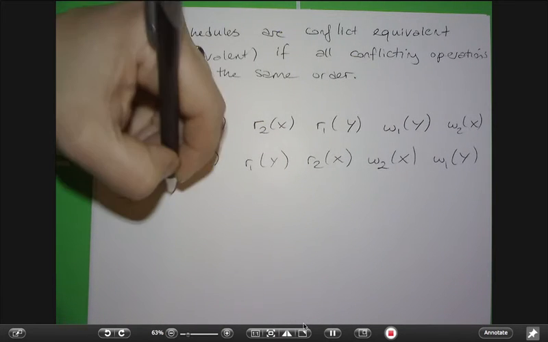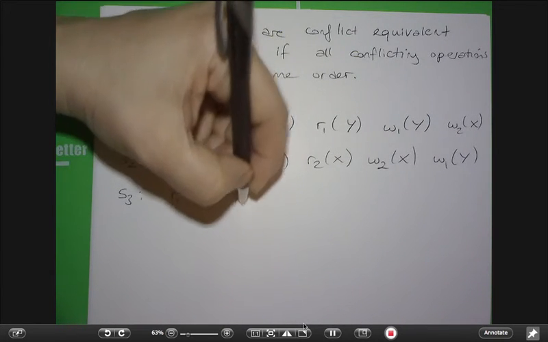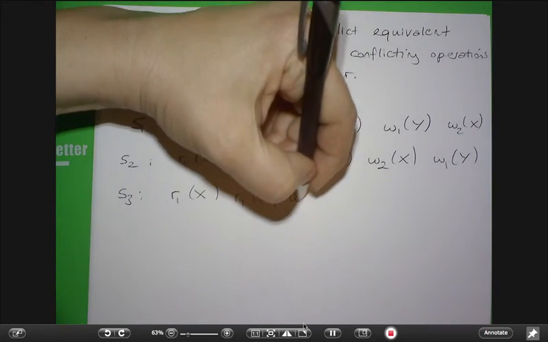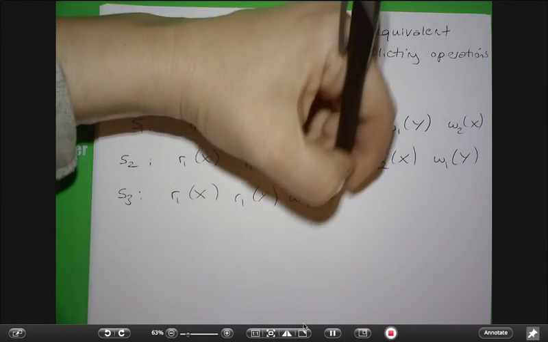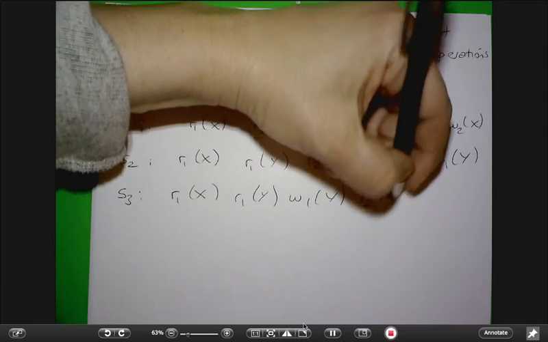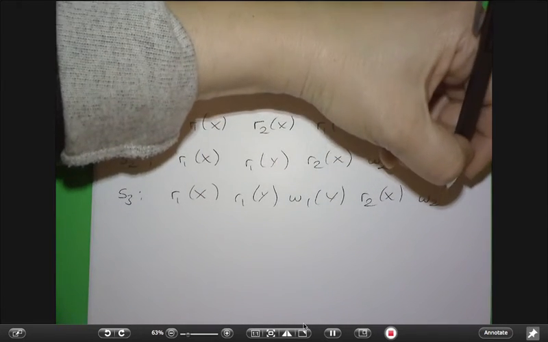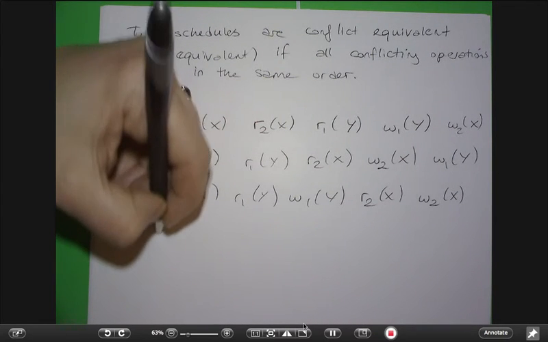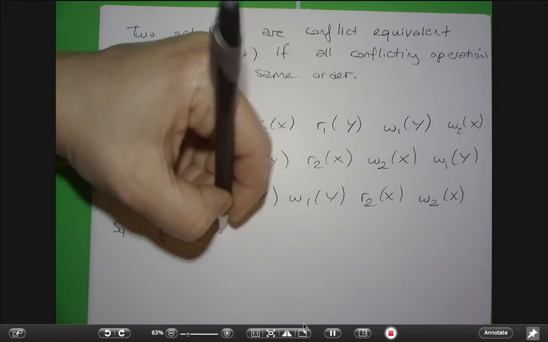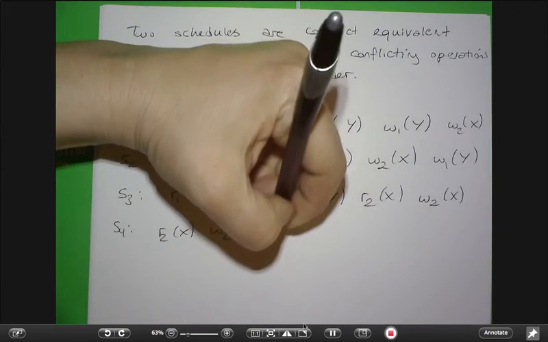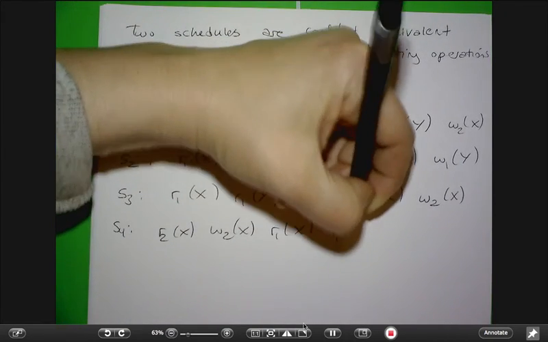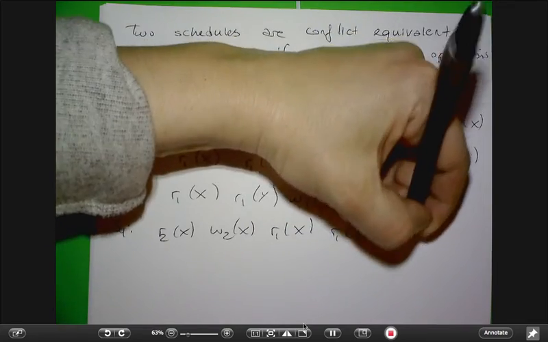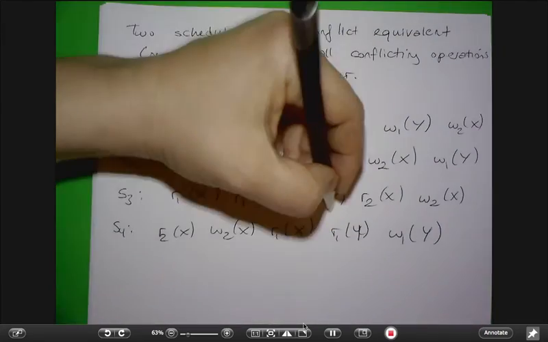And I have read 1 of x, read 1 of y, write 1 of y, read 2 of x, and write 2 of x. I'm doing every computation, but still have not succeeded. All right, I'm going to write one more. I am rusty. All right.